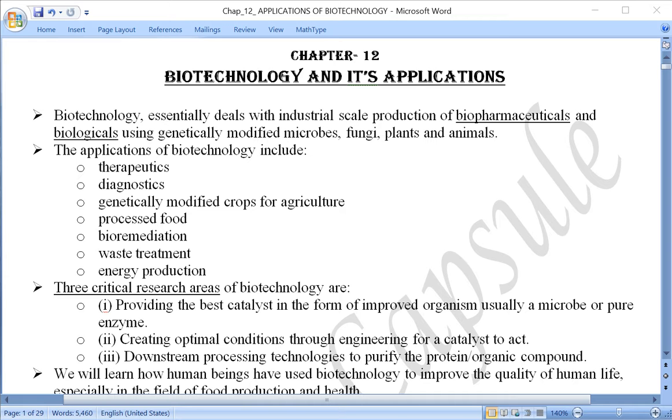And the general public, whoever is diabetic, having a sugar problem, they are using this insulin which is available from biotechnology.